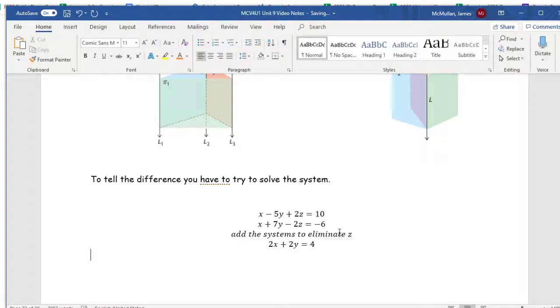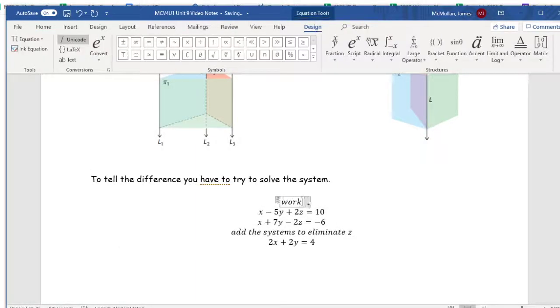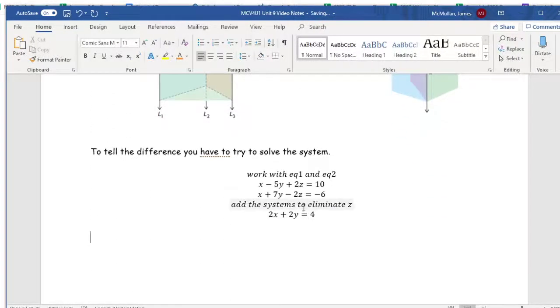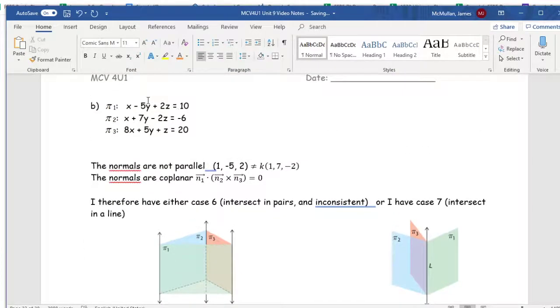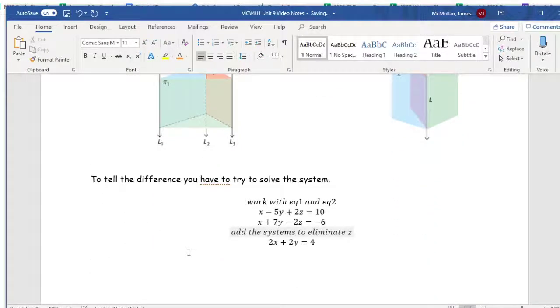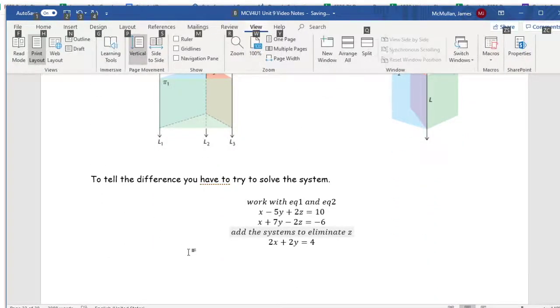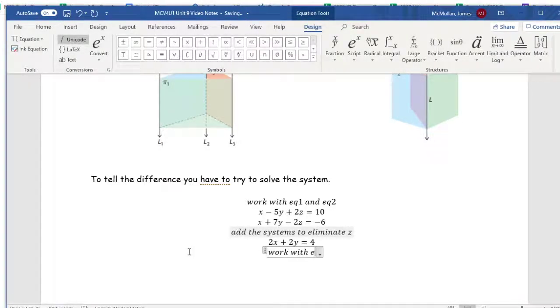Okay, since we're eliminating z, it would be easy to eliminate with 2 and 3, so let's work with equation 2 and equation 3. Equation 2: x plus 7y minus 2z equals negative 6.